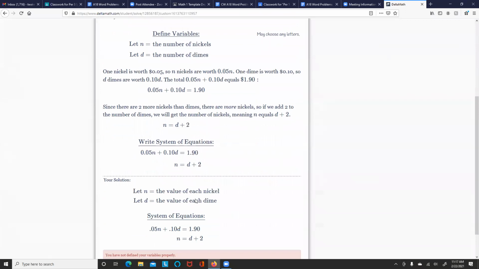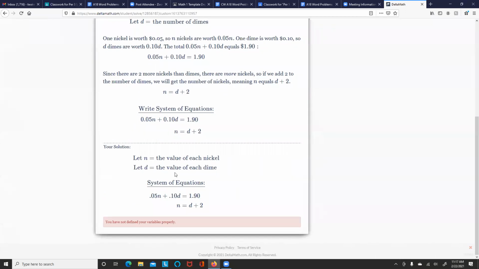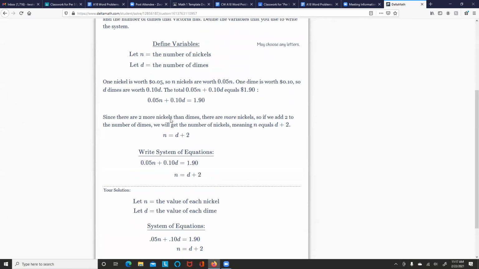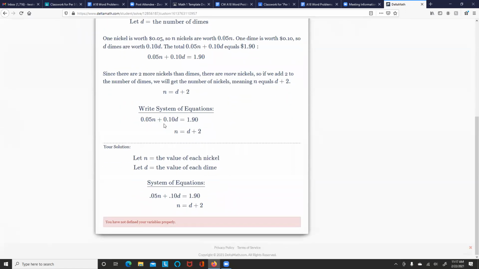Because this is what I wrote, right? 0.05 N plus 0.10 D equals 1.90, which is correct. And the number of nickels equals D plus 2, and that's what I wrote. I wrote the exact same thing, and they said I got it wrong.